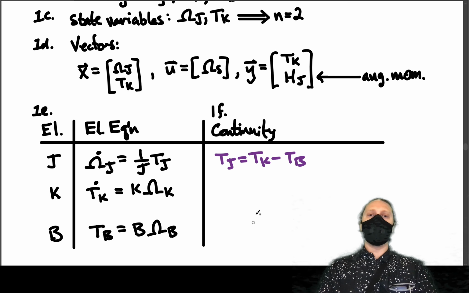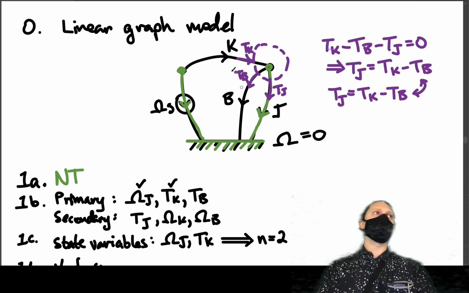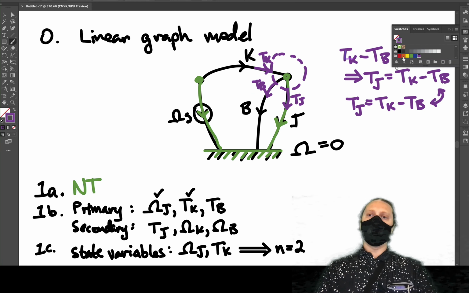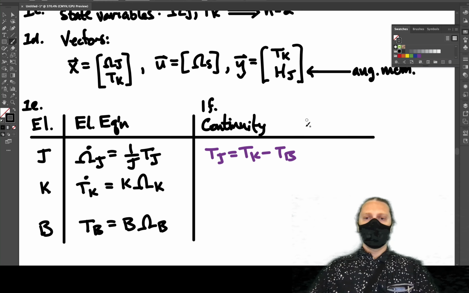Neither K nor B has a continuity equation because they're links. They're not branches in the normal tree. So we're going to need to write compatibility equations for them instead, which is the next part.